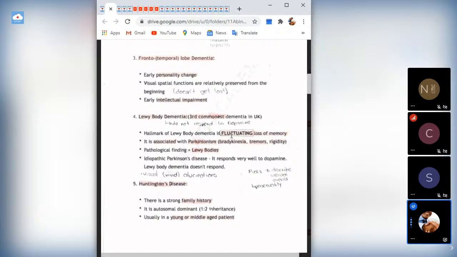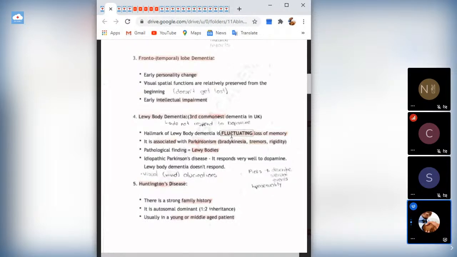There are also visuospatial functions which are relatively preserved from the beginning. And there's early personality change. Like I mentioned, the frontal lobe caters for personality and behavior, and also intellect. So intelligence, behavior, personality are all catered for.